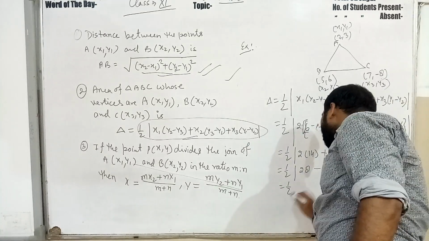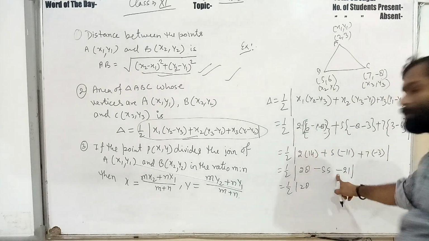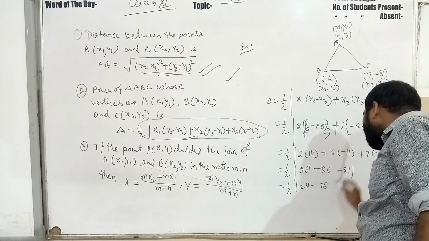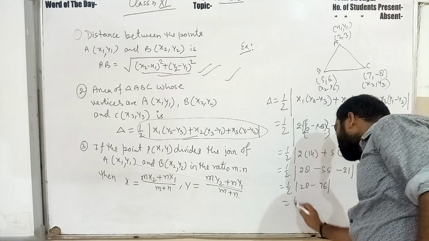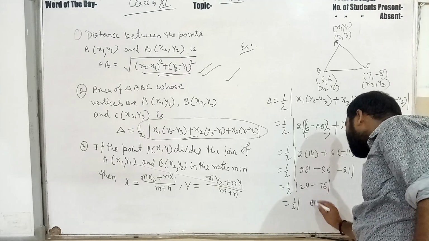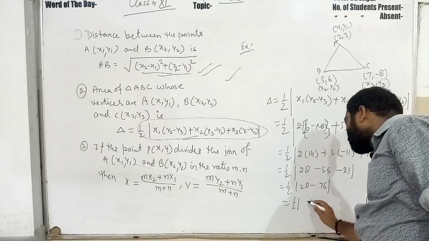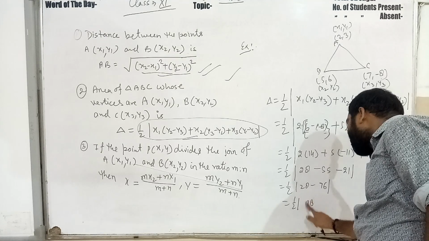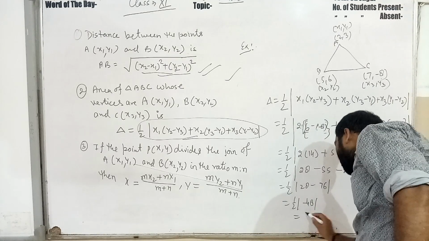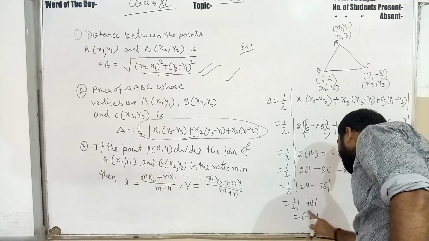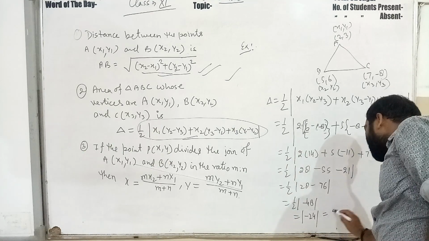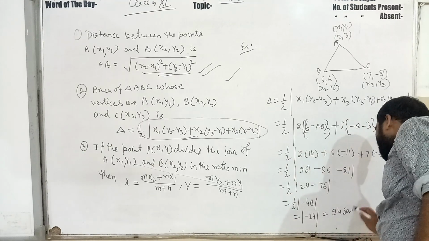So half of these two are having the same sign, so they will be added. 28 and 21 is 49, that is half of, if you subtract 55 minus 49, this becomes half of minus 6, but area cannot be negative, so we take it as 24 square units.